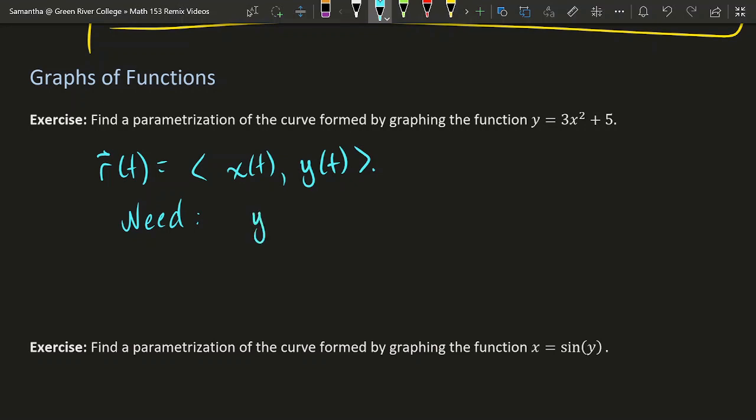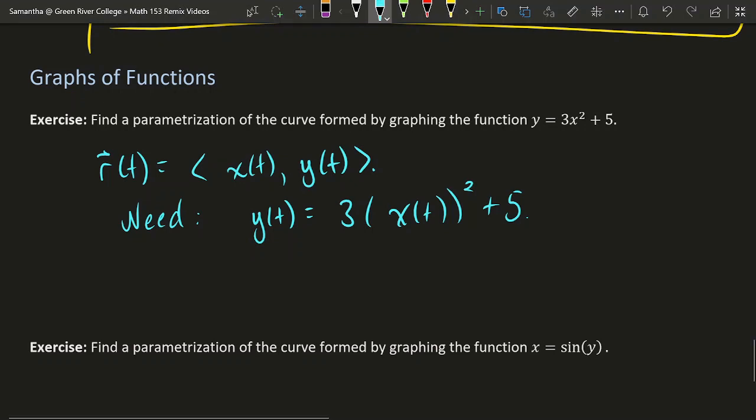I need the y of my parameterization to satisfy the same equation as the abstract y that I am given in this function. Y of t has to be the same thing as 3x of t squared plus 5.